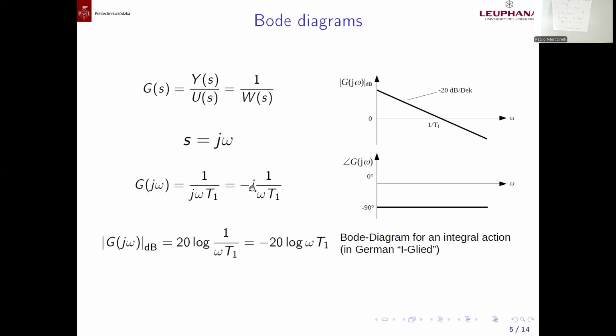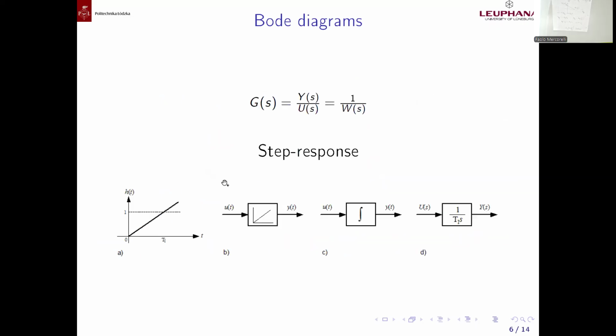Minus j is a vector, in this case a function, but anyway, the function is oriented on the imaginary axis, but negative. The imaginary axis negative gives the phase minus 90 degrees. I don't know if you remember, it's the vector toward, let me say, down. But I think with Mare, you did a lot of this.